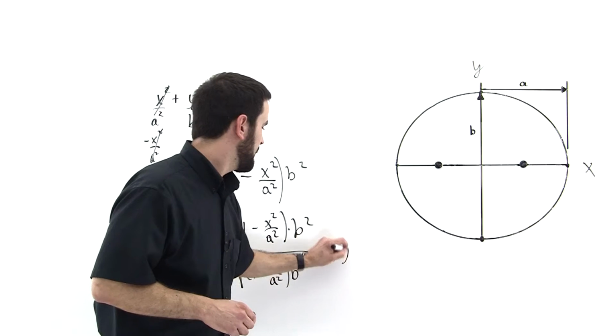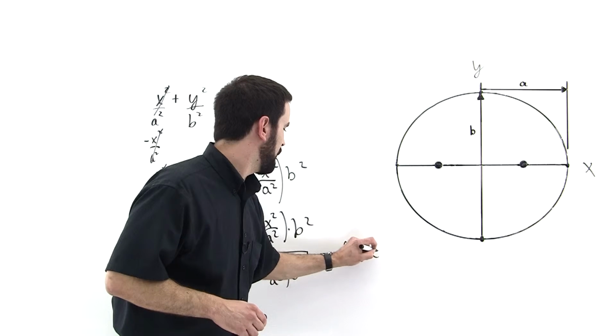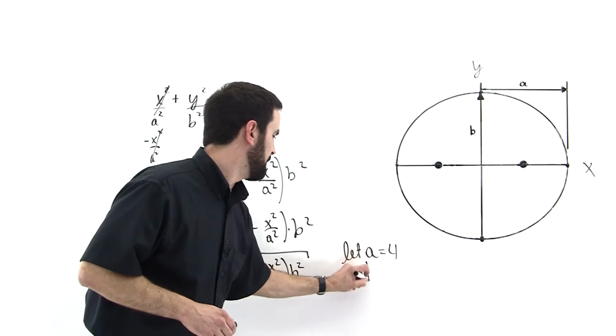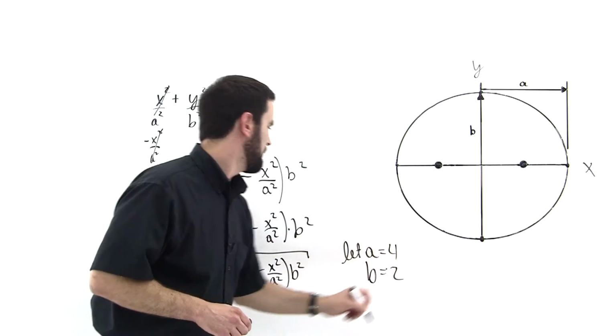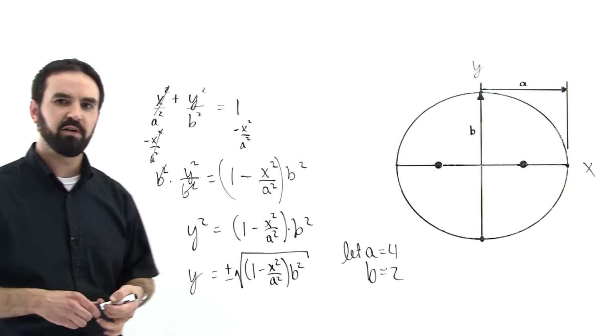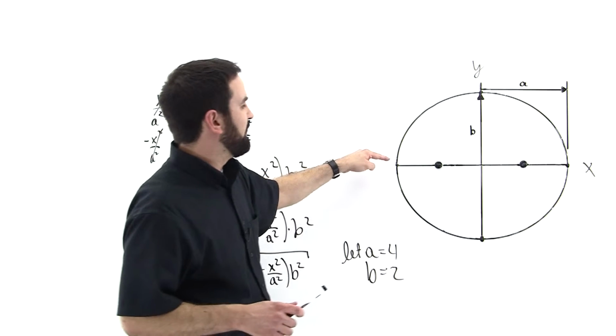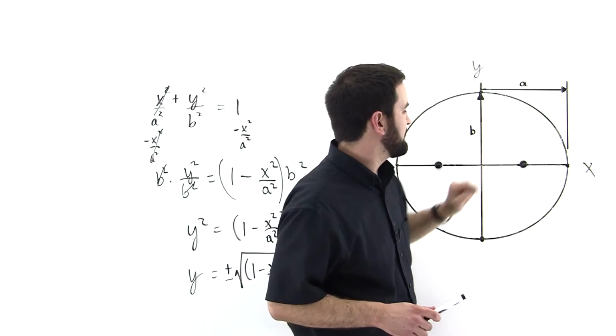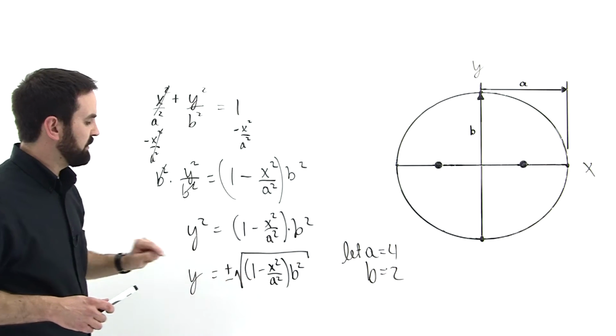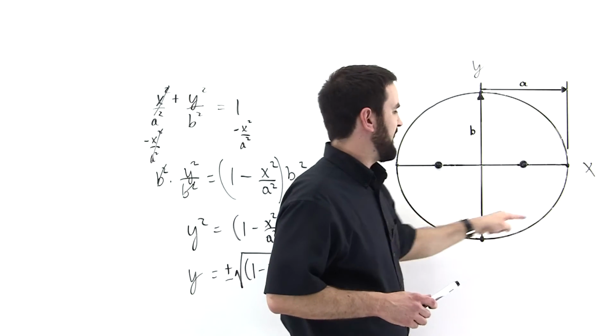So if we let a equal 4 and b equal 2, in your calculator, if you want to graph this, the positive root will graph the top half of the ellipse, and the negative root will graph the bottom half of the ellipse.